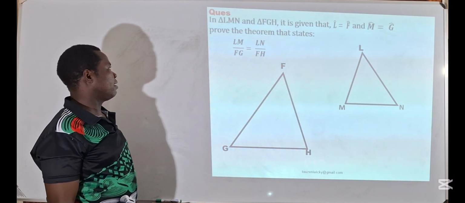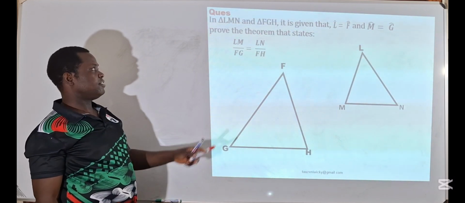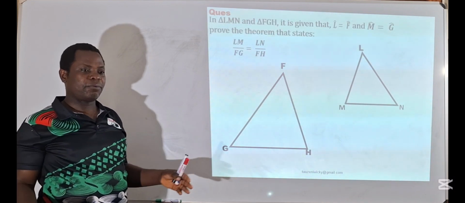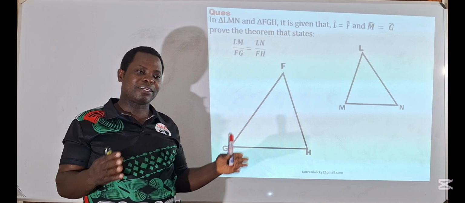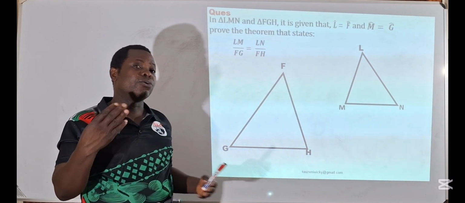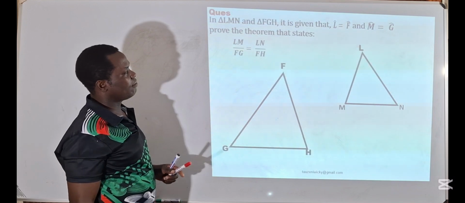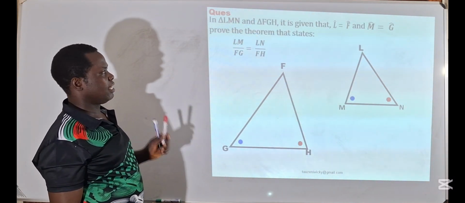There's triangle LMN and triangle FGH. It is given. Remember when we did the other proofs, we said when you're doing a geometric proof, make sure you are clear about what is given and what you need to do. So here we are given that the angle at point L and the angle at point F are equal.